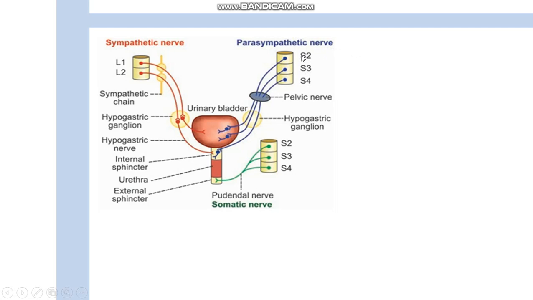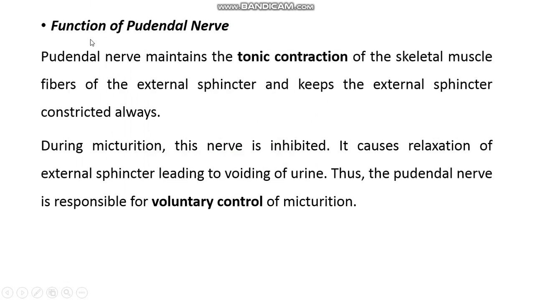So somatic and parasympathetic nerve supply are from the same segments of the spinal cord, S2, S3 and S4. This is the internal sphincter and this is the external sphincter. The internal sphincter is supplied by sympathetic L1, L2, then parasympathetic S4. For the external sphincter, the pudendal nerve supply is from S2, S3 and S4.